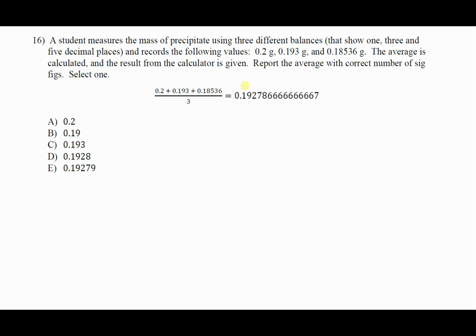And so our answer is dictated because right here we're reporting all grams and our answer is in grams, right? Or you can just say, hey, we have 1 sig fig, right? So we have to track 1 sig fig, or we can say the limit of our instrument is going to be that 0.1, as well, this decimal place. Both arguments work. Neither is more correct than the other, so the answer is 0.2.